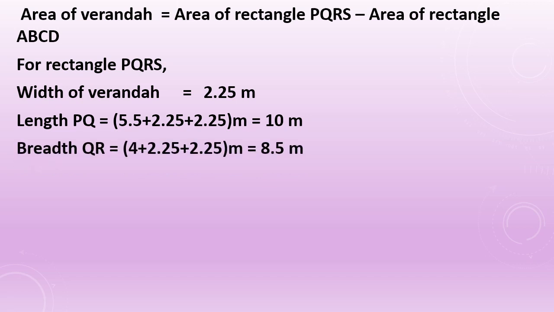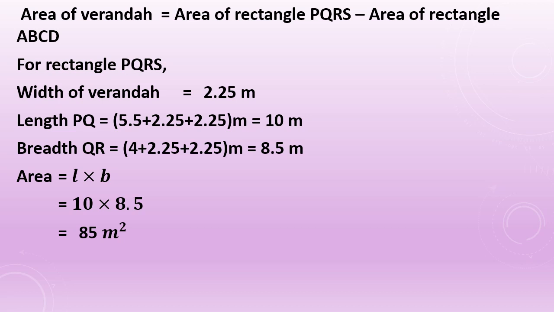Similarly, breadth equals 4 plus 4.5 meter, which gives 8.5 meter. Now what do we have to find? Yes, the area of rectangle PQRS. What is the formula? L into B. Substitute the values, 10 into 8.5, which gives 85 meters square.